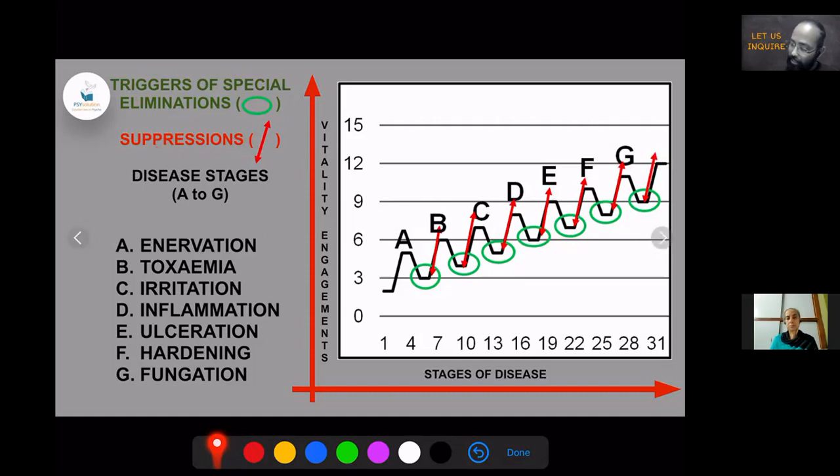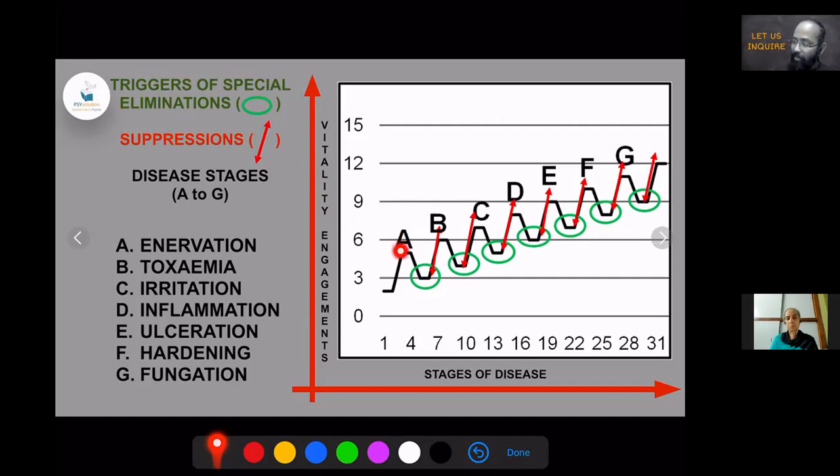So I repeat, the green ovals are triggers of spatial elimination, the red arrows are suppressions, and A, B, C, D, E, F, G are the 7 stages of disease as proposed in Nature Cure.